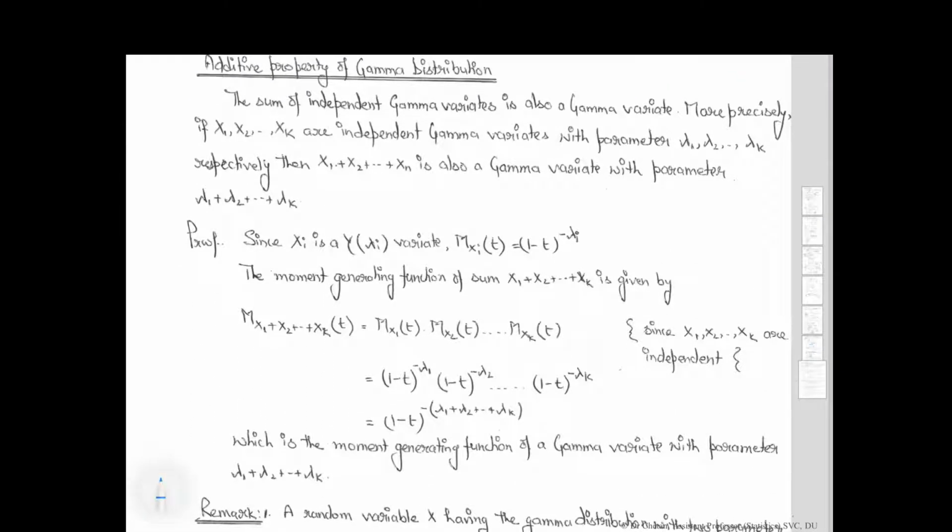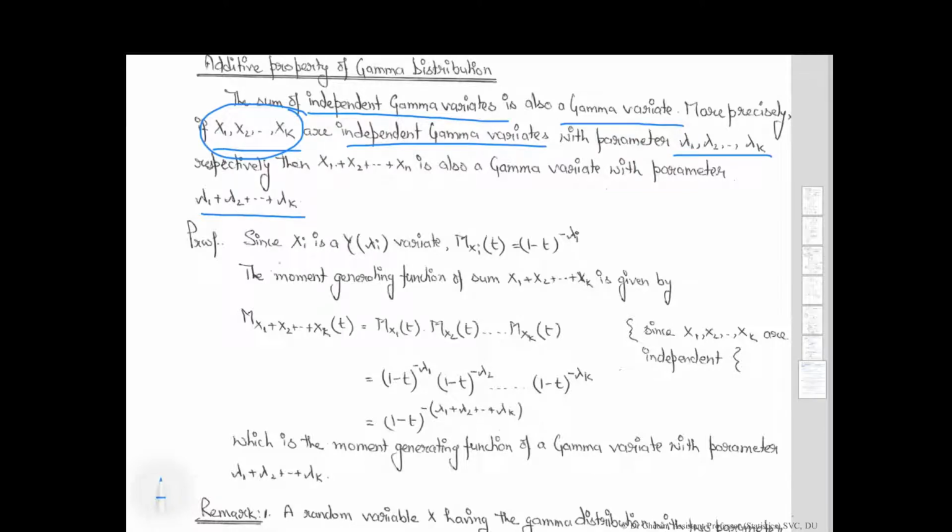Now, we will study the additive property of the gamma distribution. The sum of independent gamma variates is also a gamma variate. If x1, x2, x3 up to xk are independent gamma variates with parameters lambda 1, lambda 2, lambda 3 up to lambda k, then the sum of these is a gamma variate with parameter lambda 1 plus lambda 2 plus lambda 3 up to lambda k.